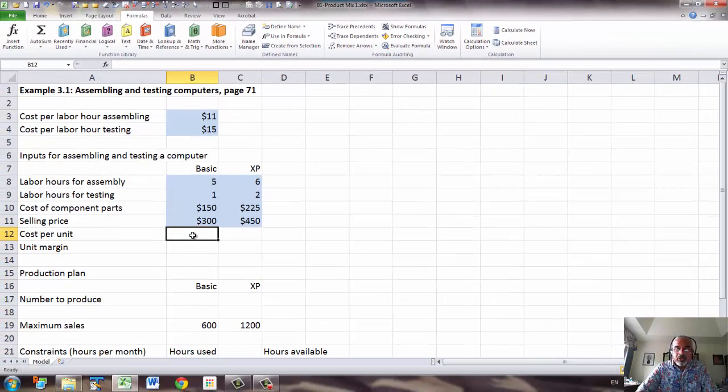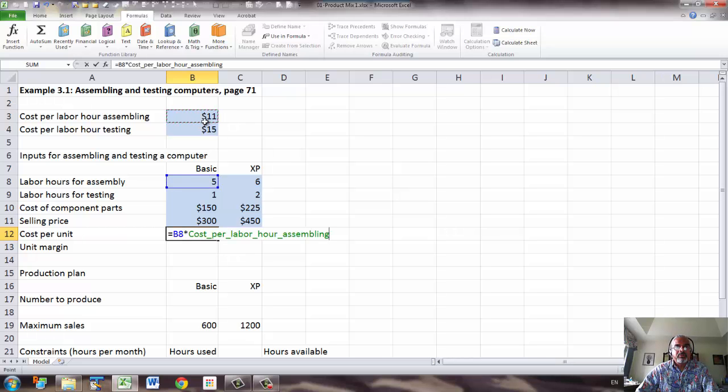Okay. So cost of labor for basic is that times cost per labor hour, plus labor hours needed for testing times the cost of labor hours for testing.